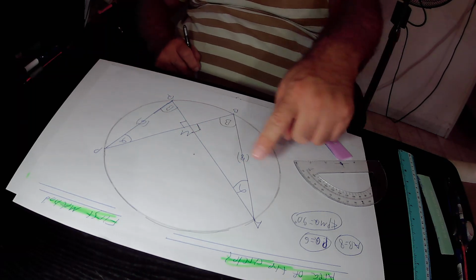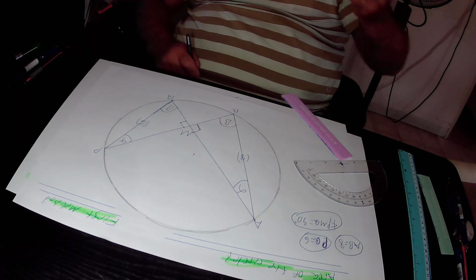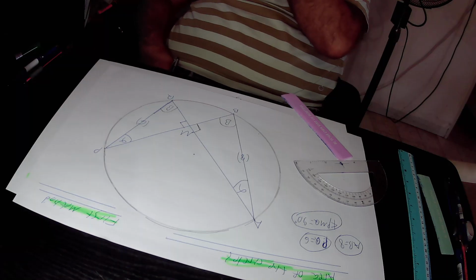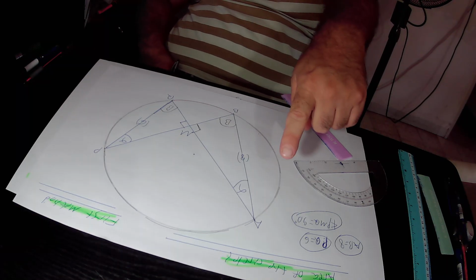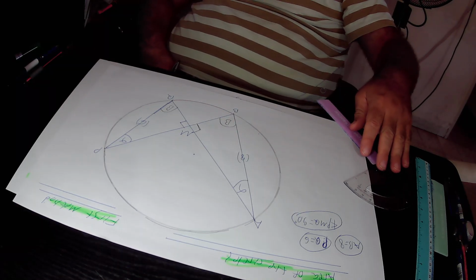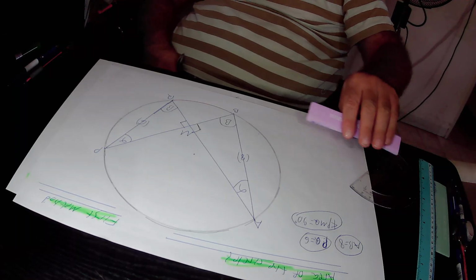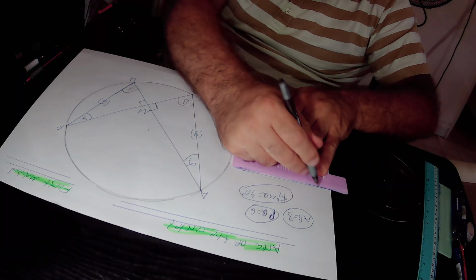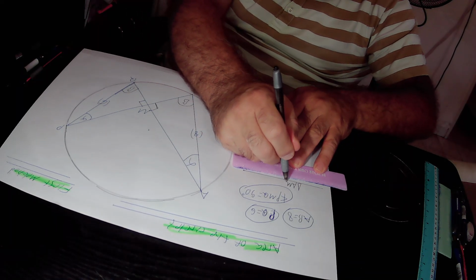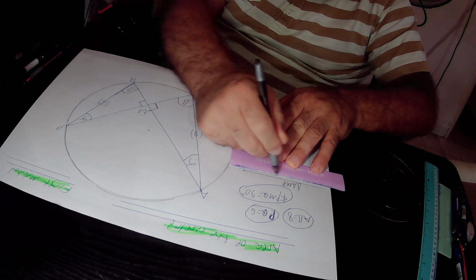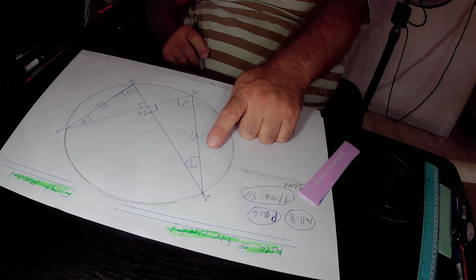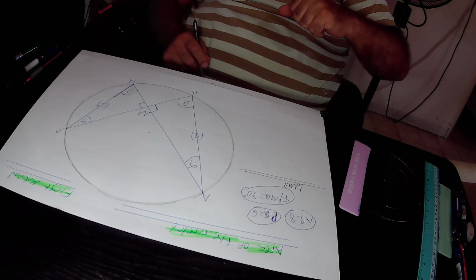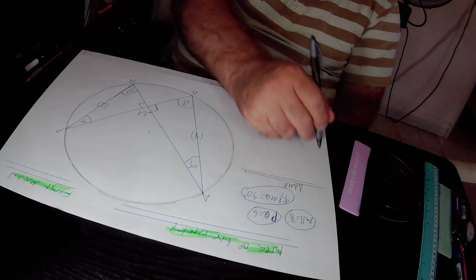So in the right triangle A and B, the sum of the angles must be equal to 180 degrees. It is true in a triangle, and therefore it is also true in this triangle. So which angles do we have in this triangle? Alpha plus beta plus 90 degrees, in total they must be equal to 180 degrees.